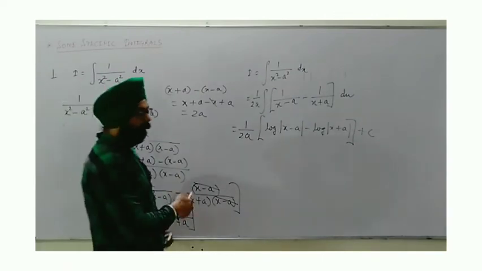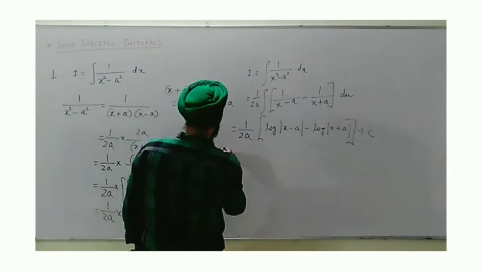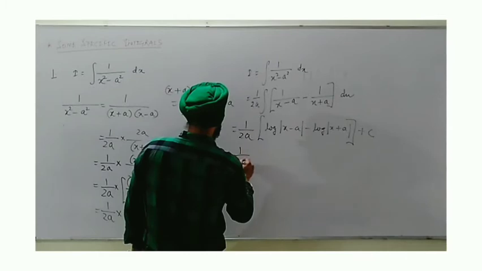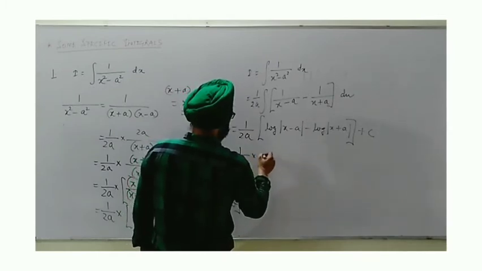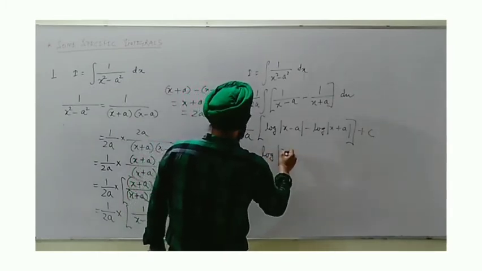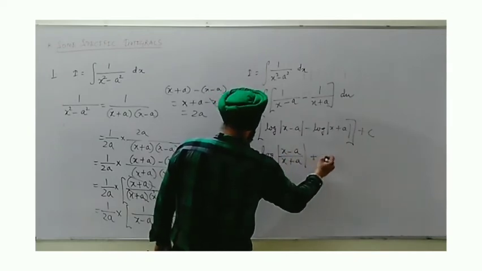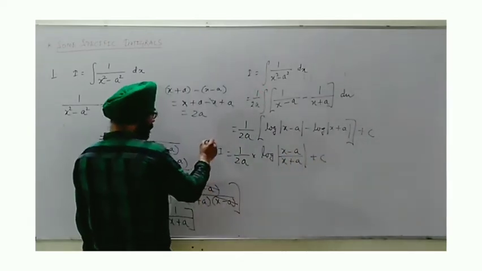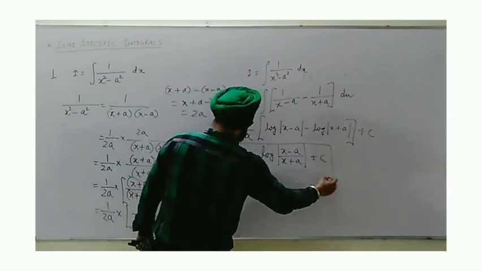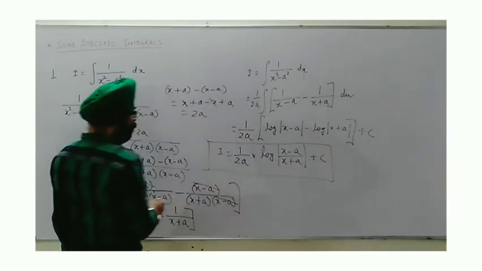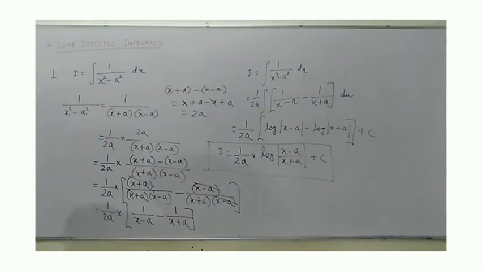Now applying the properties of log, we can write this as 1 upon 2a log mod x minus a upon x plus a plus c. So this way we have derived the formula for this pattern of function, the integration of 1 upon x square minus a square. Now we will see the derivation of the next one.